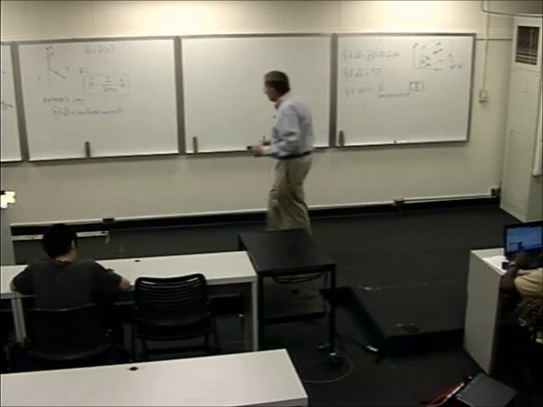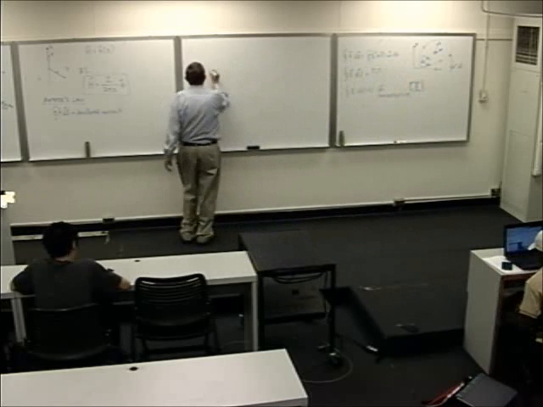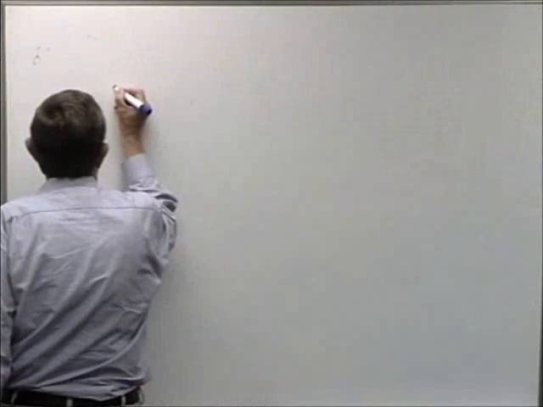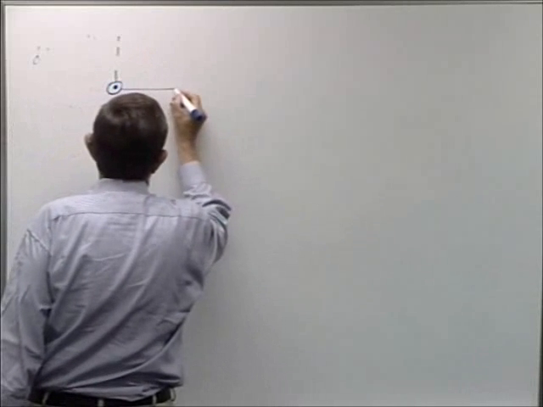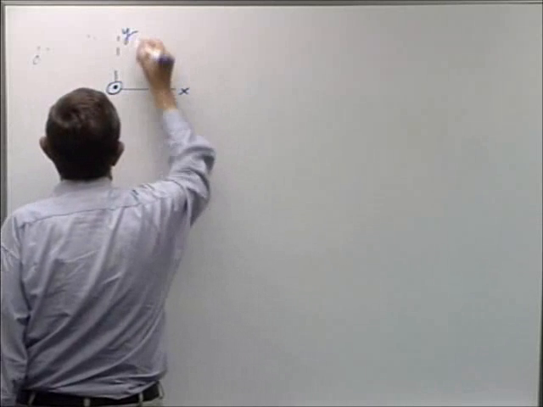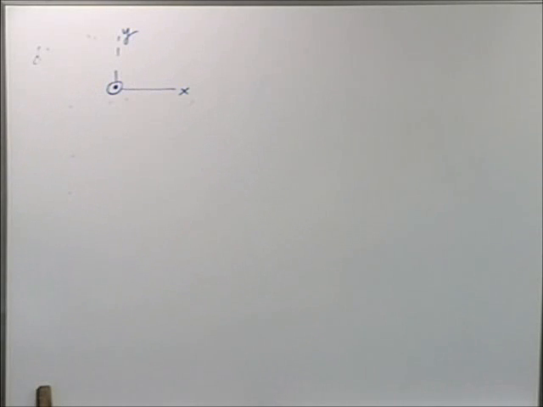Okay? So basically, you take the same line of current, and this line of current is facing me. So this is the x-axis, this is the y-axis. So that point means it's coming out of the board.